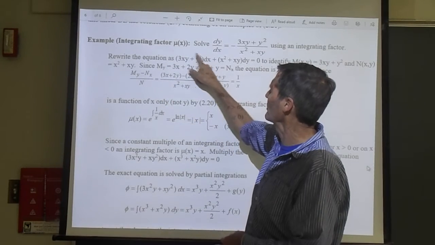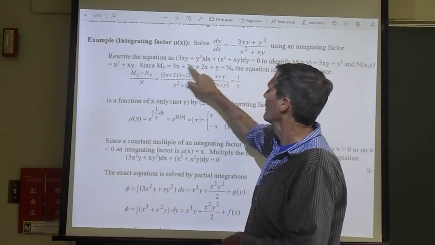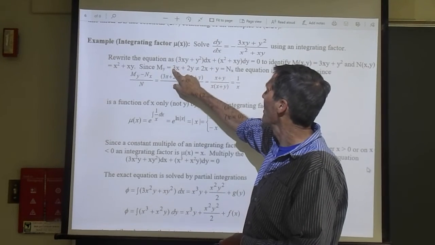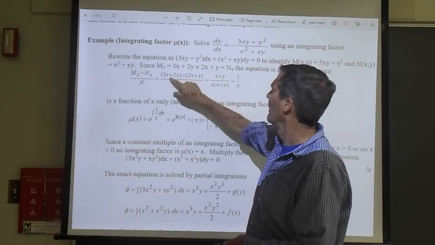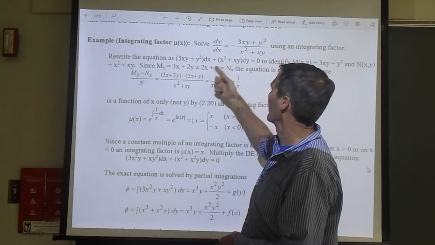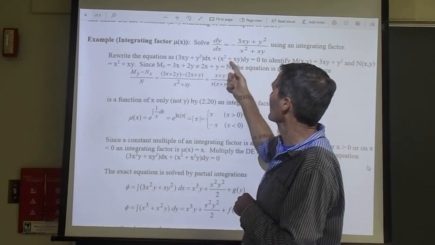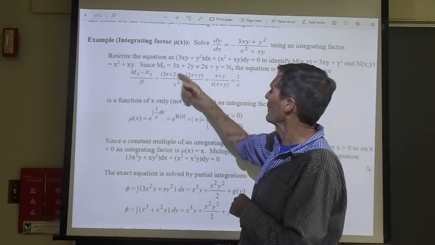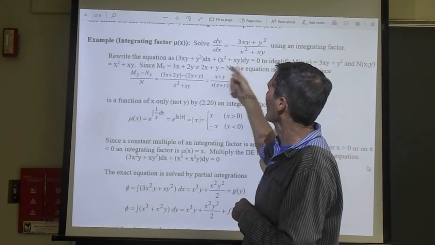I'm sorry, partial of this with respect to y is 3x plus 2y. And there it is. And then we've already calculated them: partial of this one with respect to x is 2x plus y. And so we take M_y minus N_x and divide it by N, x squared plus xy.